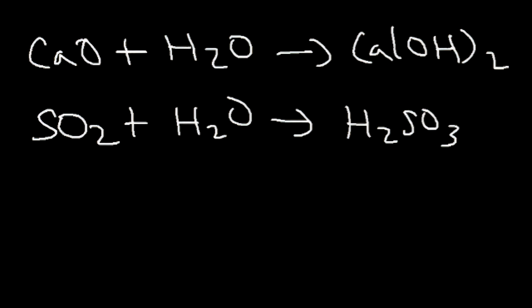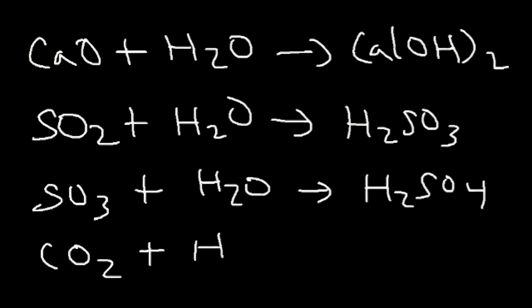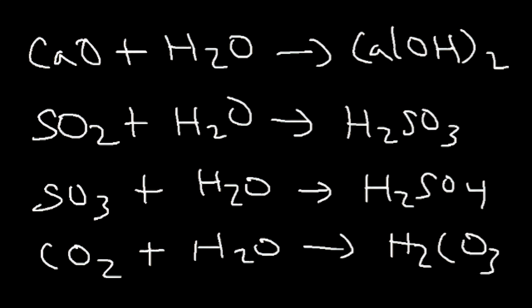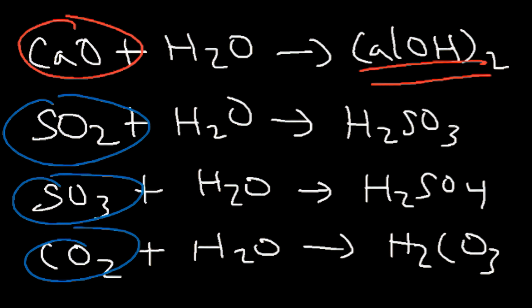SO2 plus water turns into H2SO3. If you put sulfur trioxide in water, it's going to turn into sulfuric acid. If you mix carbon dioxide with water, it turns into carbonic acid. So as you can see, non-metal oxides are acid anhydrides, metal oxides are basic anhydrides.